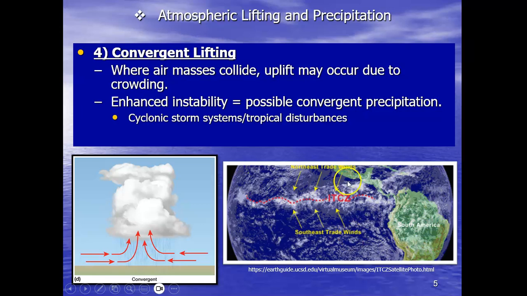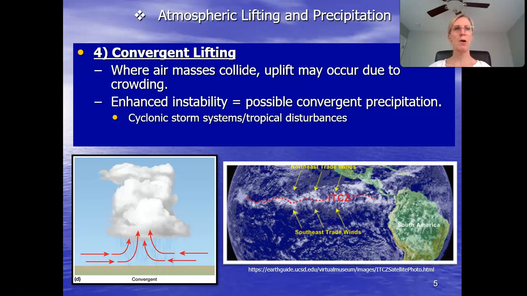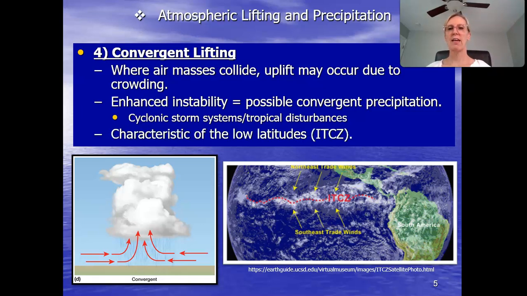A good example of this in the real world is at our intertropical convergence zone, where you have like air masses, both warm, both wet, coming off of the oceans and meeting together in the trade winds and being forced to rise there. So this gives us enhanced instability, possible convergent precipitation, and can be the root of many cyclonic storm systems and tropical disturbances. Again, these are characteristic of the low latitudes where you have the trade winds coming into contact in the ITCZ.